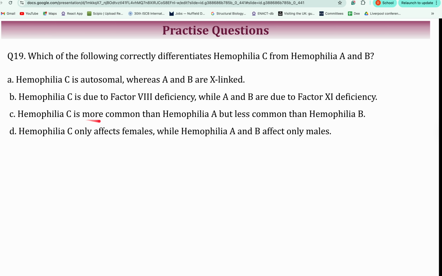Option C, hemophilia C is more common than hemophilia A, but less common than hemophilia B. Option D is hemophilia C only affects females, while hemophilia A and B affects only the males. I think this will be the easiest question in today's session because we have discussed it a lot, the A and B and C forms of hemophilia.